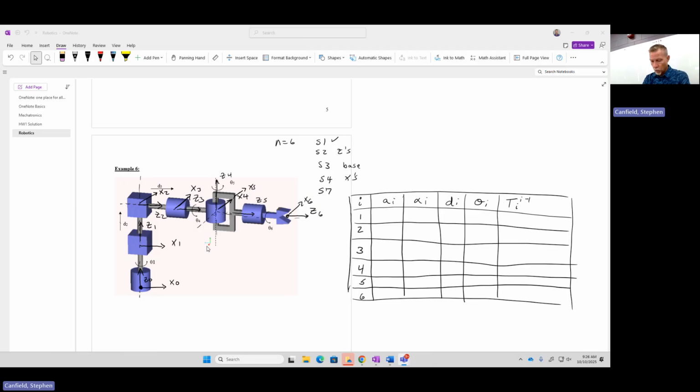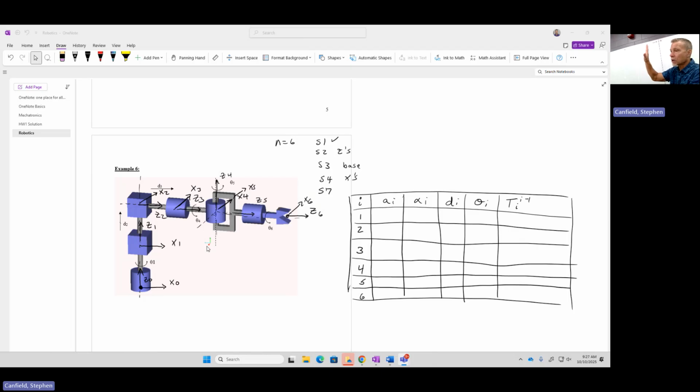Let's go to Z1 to Z2. So Z1's going up, and Z2 is going to the right of the paper. So I'm going to rotate my hand around until I can curl to the right. So Z1's up, Z2's to the right. That puts my thumb in the direction of the X. That's the right-hand rule.